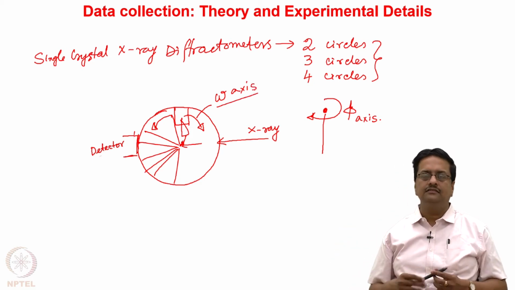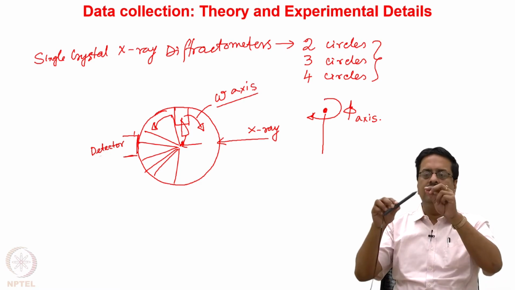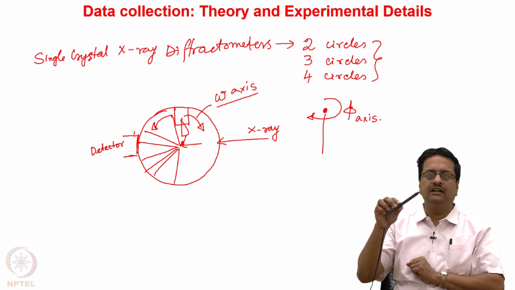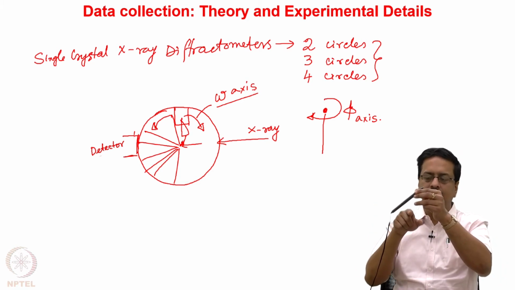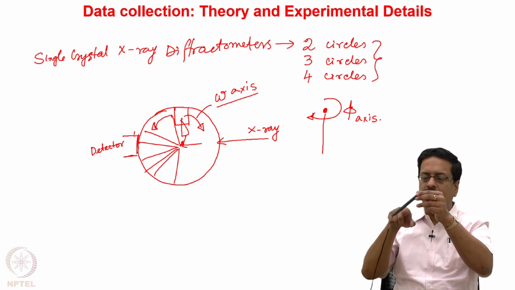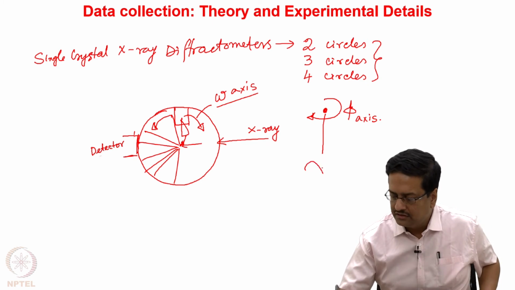And then the goniometer head, at the tip of which you have the crystal, makes an angle with the horizontal plane. That particular angle is called the chi axis.